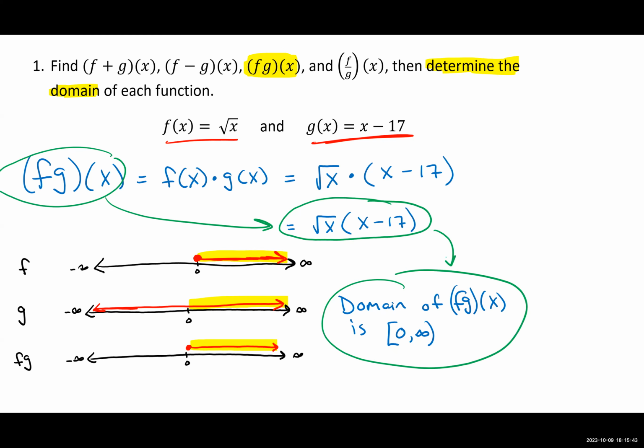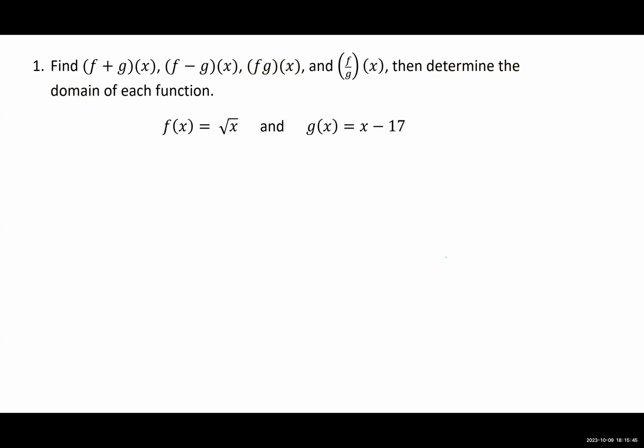Okay, so let's start with a fresh slide and look at the fourth one, the final one. Division. We did plus, then minus, then times, and now we'll do divide, and then determine the domain of the function. So this is read f over g of x.